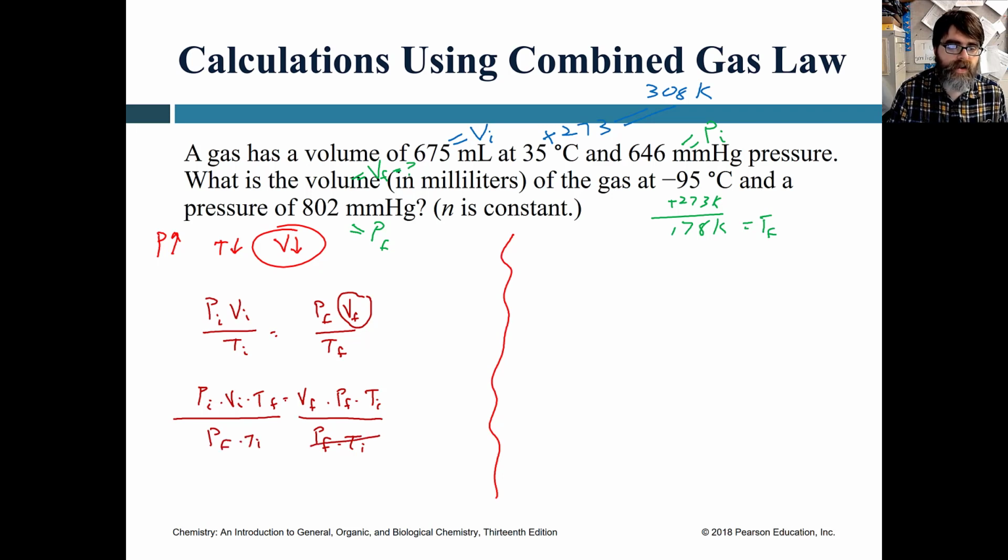And those are going to cancel out over here, and I'm left with pressure initial times volume initial times temperature final over pressure final times temperature initial is equal to, and I'm actually going to put it over here on the left-hand side, volume final.